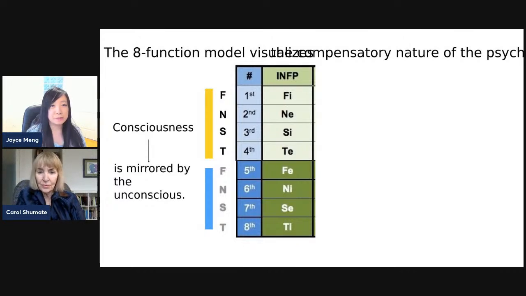But you can sort of see how in this sample INFP example, the dominant introverted feeling is shadowed by the 5th function, extroverted feeling. The auxiliary, extroverted intuition, is shadowed by the 6th function, introverted intuition, and so on all the way down.